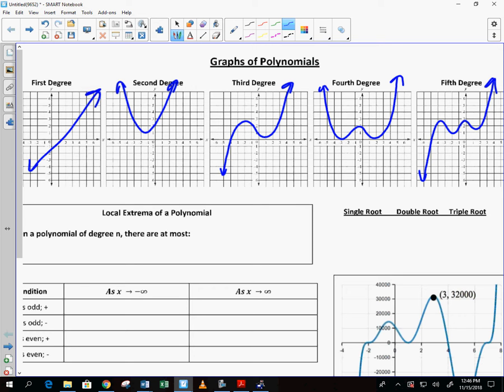So if I had a sixth degree polynomial, how many extreme values could it have? 5. So if I had an n degree polynomial, how many extreme values could it have? N minus 1. Given a polynomial of degree n, there are at most n minus 1 extrema. And I say minus 1 at most because you could have even fewer than that. We'll get to what those shapes look like later on.